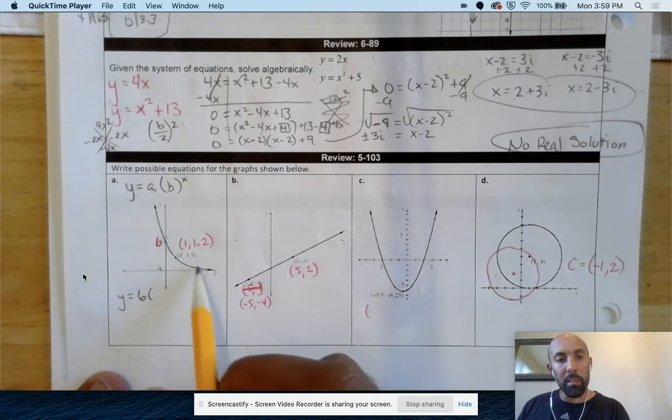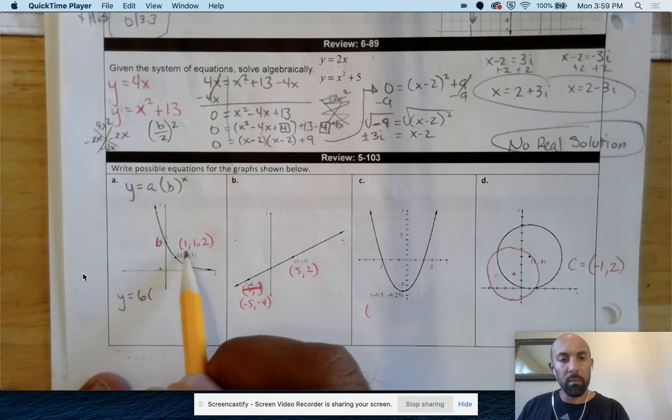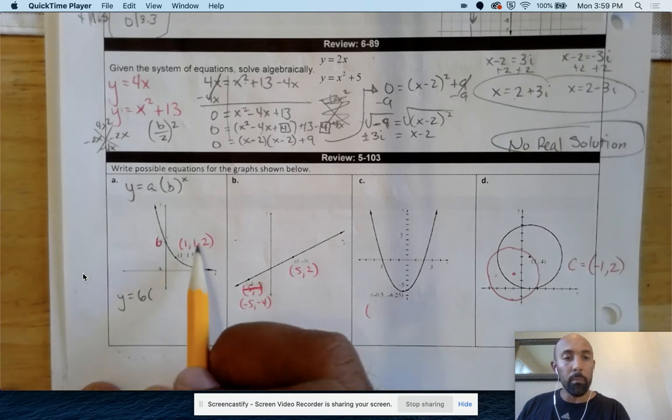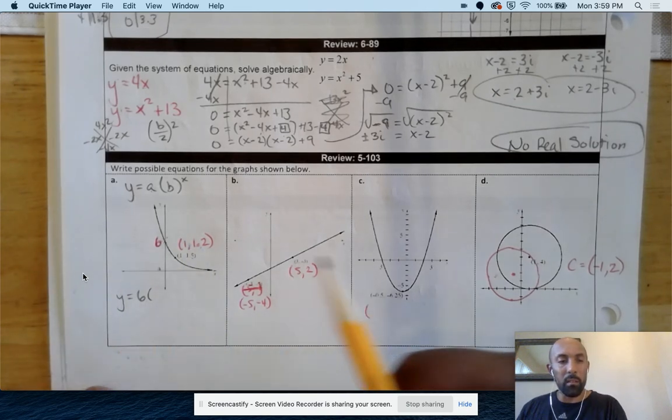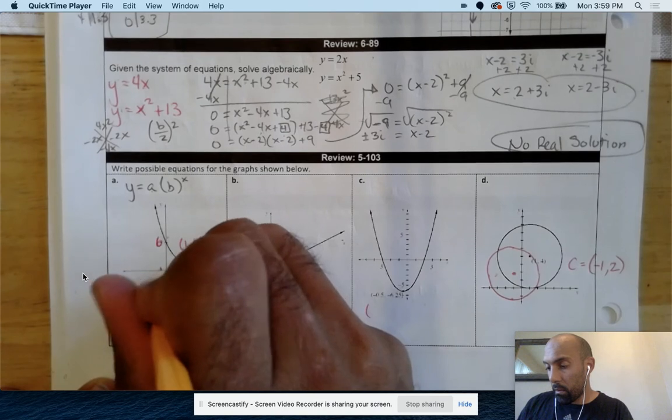I just don't know what this growth rate is. It goes from 6 down here to 1.2. By the way, your guys' graph is 1 and 1.5. That's a 1.5 if you can't read that. So I can't really tell you what the rate of change is here. So what I'm going to do is use those numbers to solve for b.